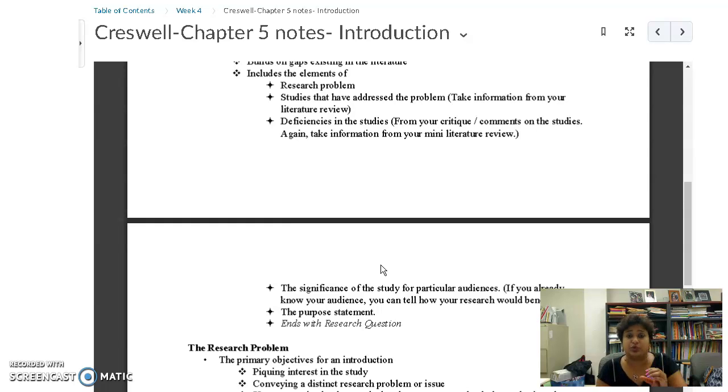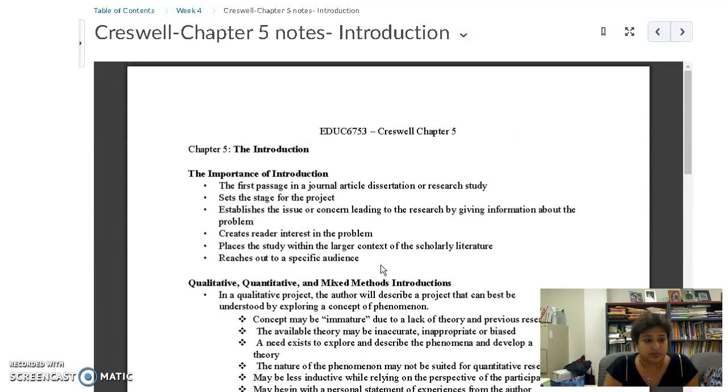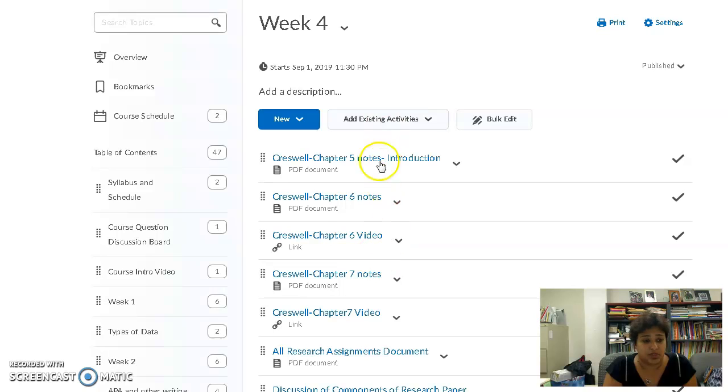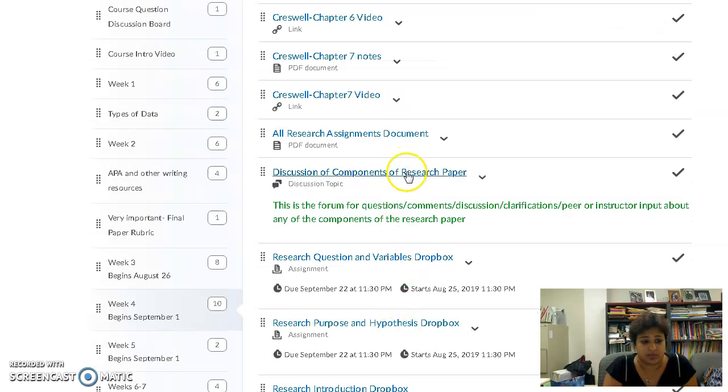You only do the one related to your study, whether quantitative or qualitative. Then you have a research question and your variables that you are going to identify, also only related to your study. This is what it is for week 4, all those components that you are doing and submitting.